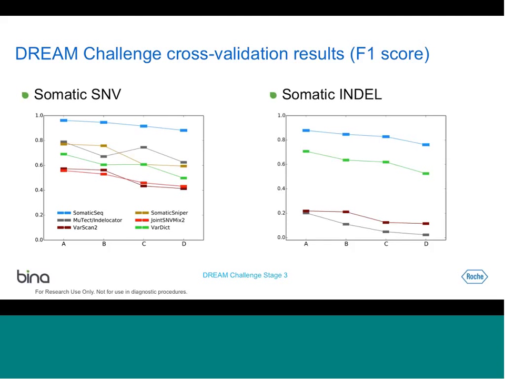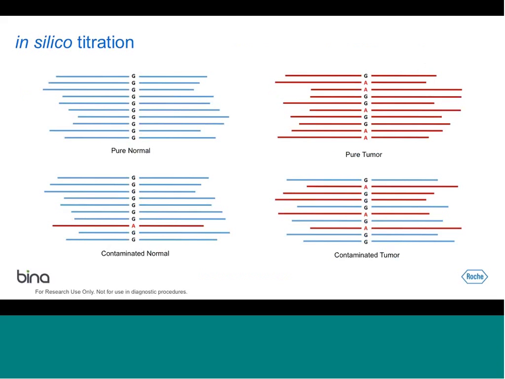In addition to Dream Challenge, we did some in silico titration to have more realistic data samples. So here we actually have two different whole genome sequencing data, really two different genomes, and designated one of them to be normal and the other one to be tumor.